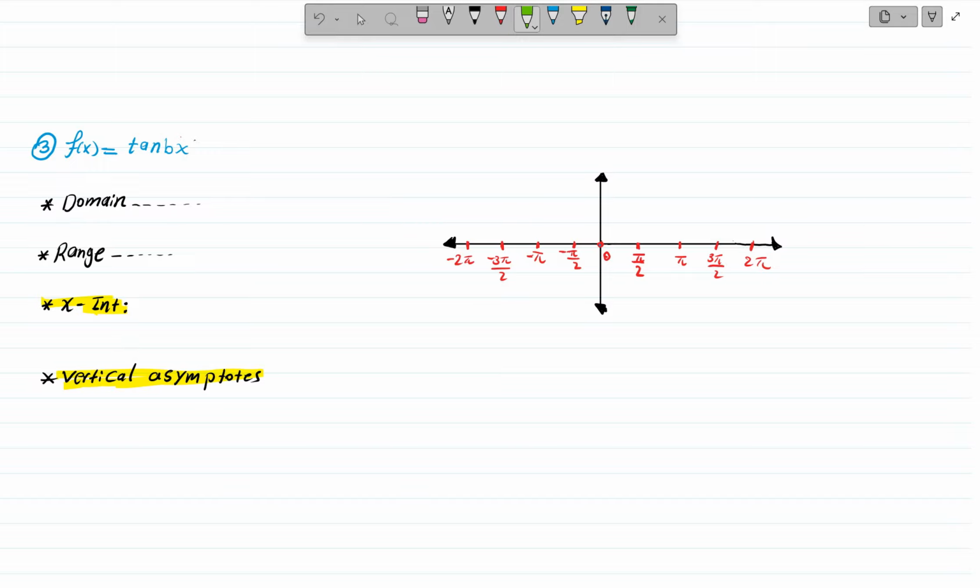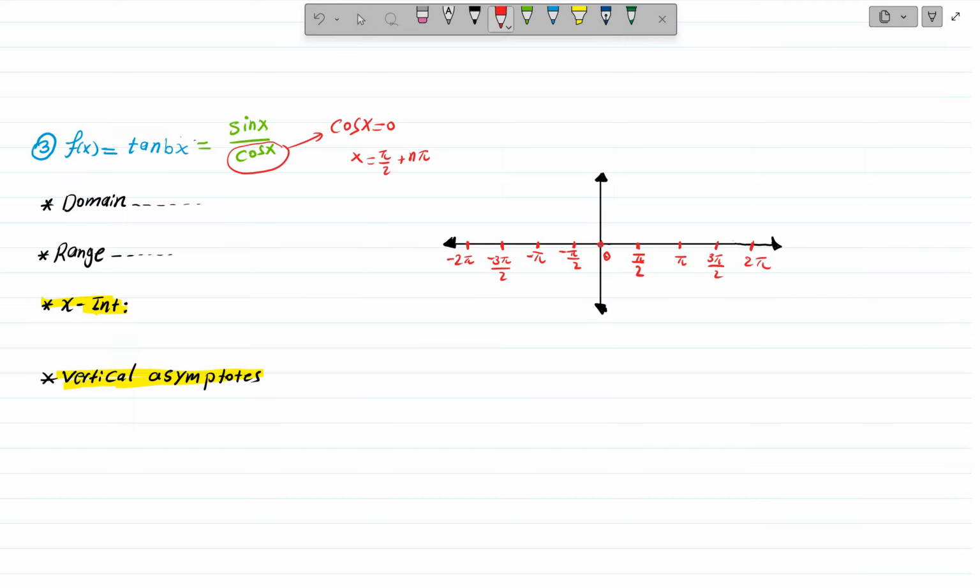Okay, first of all, the domain for tan. I cannot pick every value for tan. Why? Because remember, tan is a rational function, equal to sine x over cosine x. So to find the domain for rational functions, we set the denominator to 0, cosine x equals 0. The values where cosine equals 0 are x equals pi over 2 plus n pi, correct?